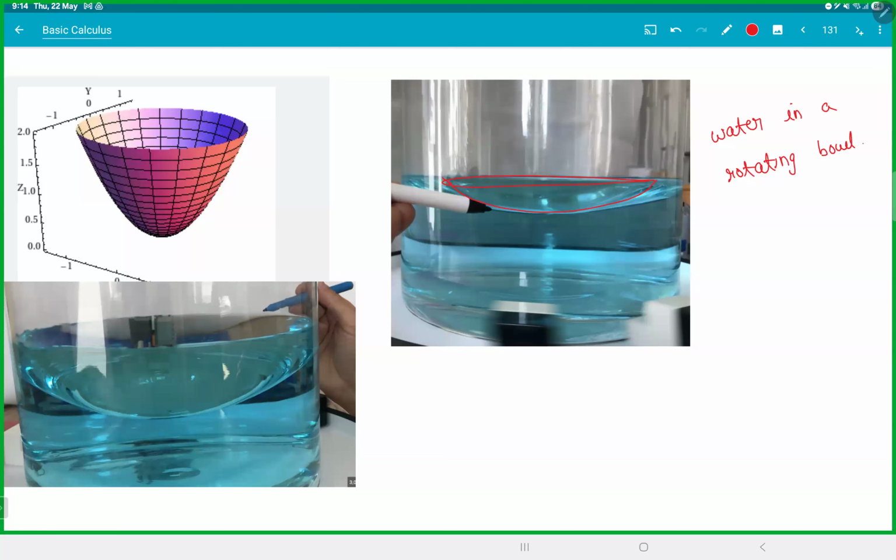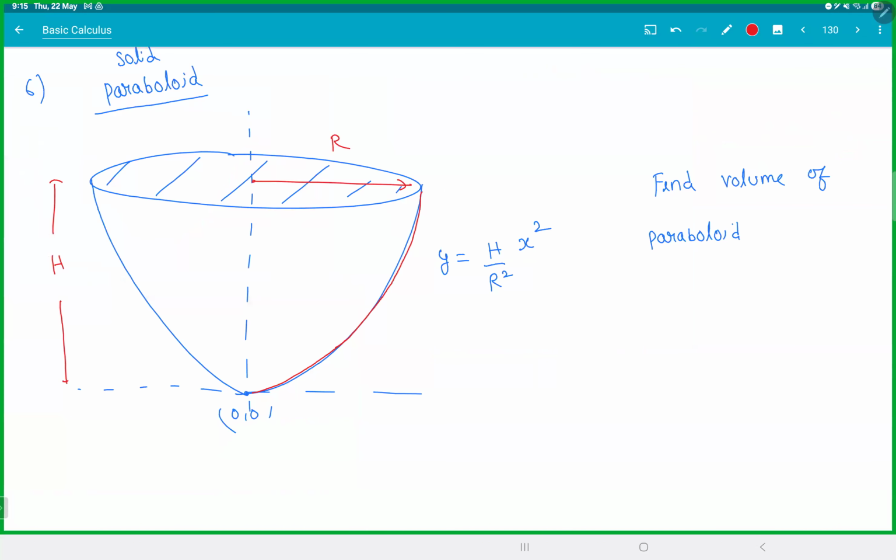Is the picture clear, everyone? So this is the shape it is forming. So this is a rotating fluid. If you rotate this, the shape you get is a paraboloid. Try. You get a pretty neat result.